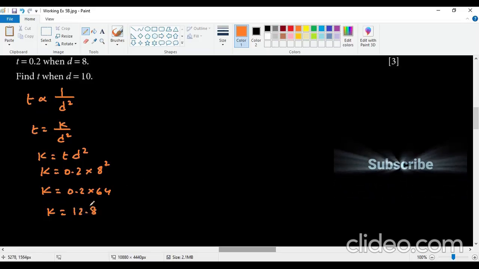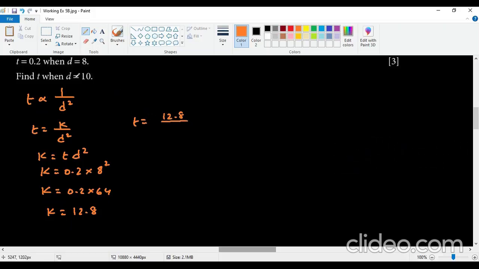Now we know the value of K. We know the formula. T equals 12.8 divided by D square, when D is 10. So instead of D, I will write a 10 square. So it's going to be 12.8 divided by 100. So the value of T is going to be 0.128, which is your final answer.